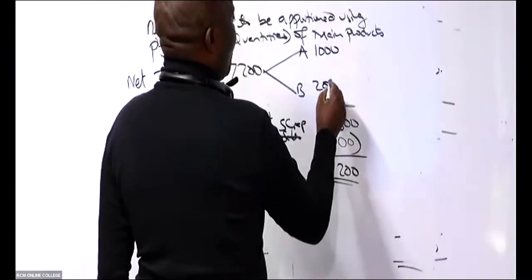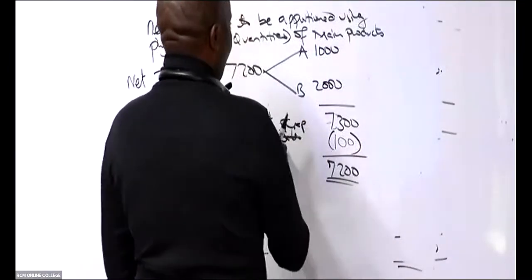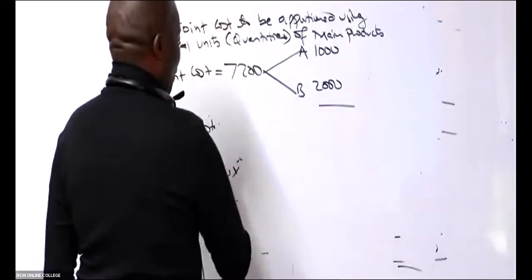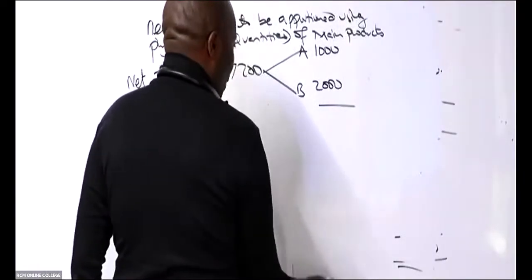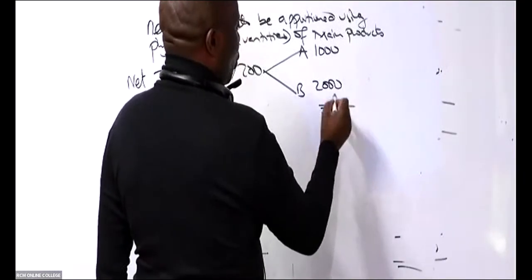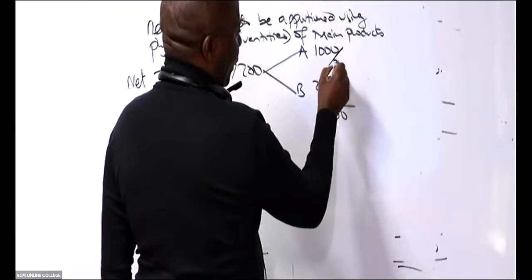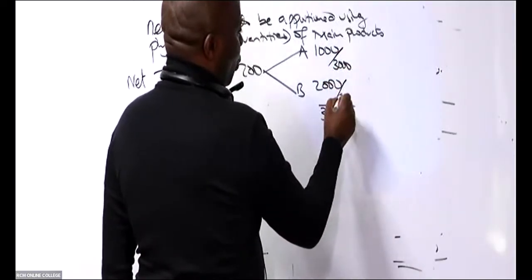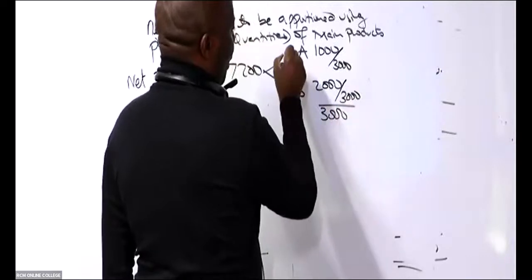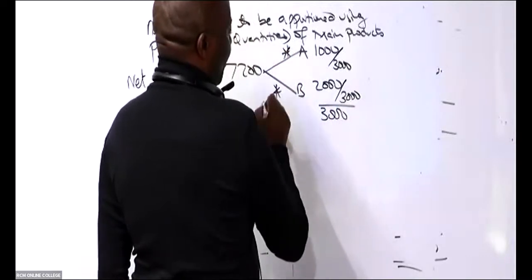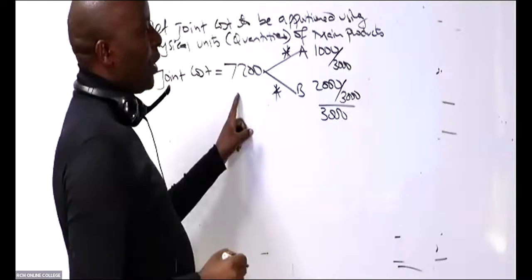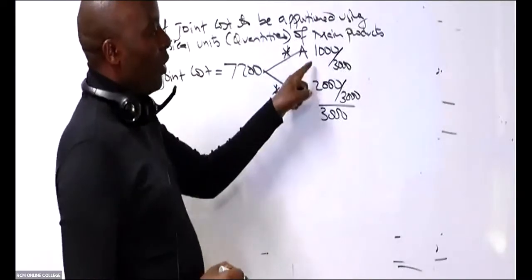So if you add the two, you will get 3,000. So proportion wise, this will be 1,000 over 3,000, 2,000 over 3,000. Now you can do your multiplications. So you take 7,200 times 1 over 3.